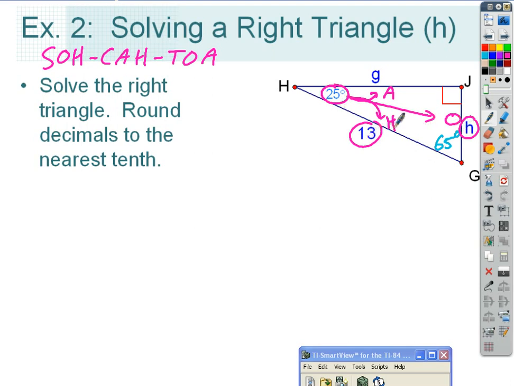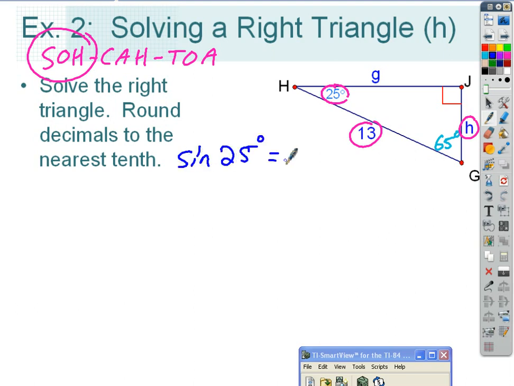Is equal to what ratio? What's the sine ratio going to be in this triangle? Yeah, it's going to be opposite, which is h, over hypotenuse, which is 13, right? Sine equals opposite divided by hypotenuse.